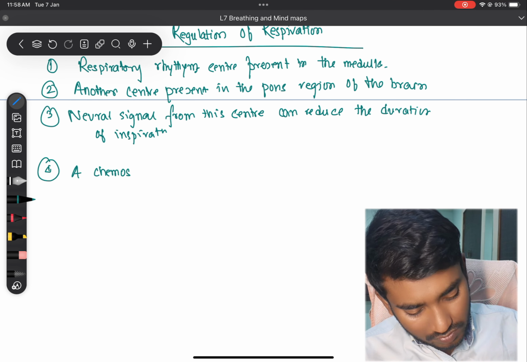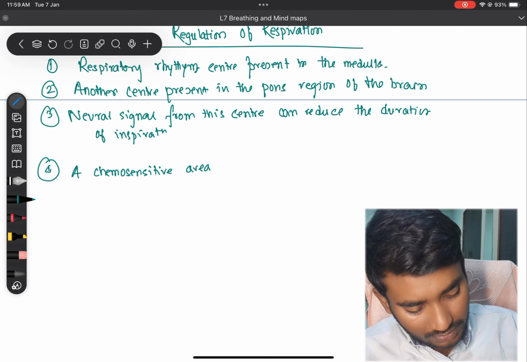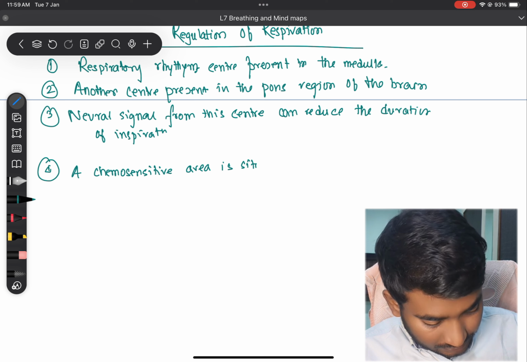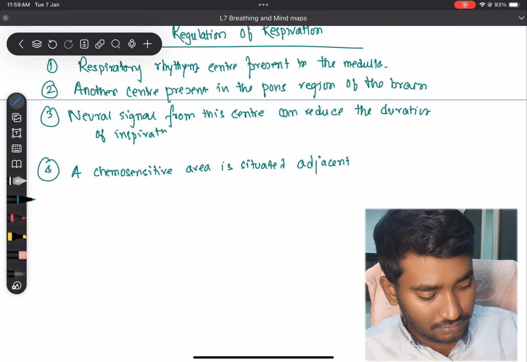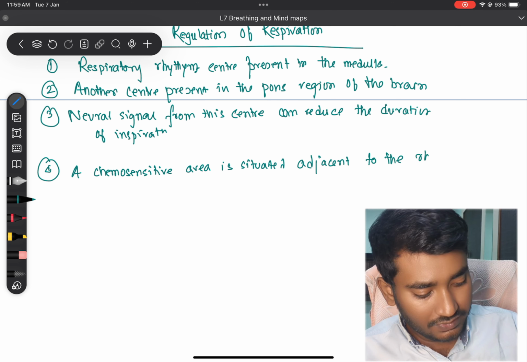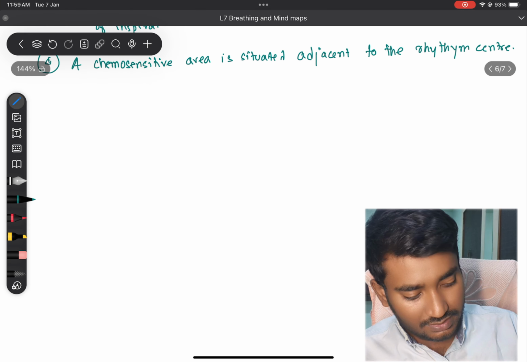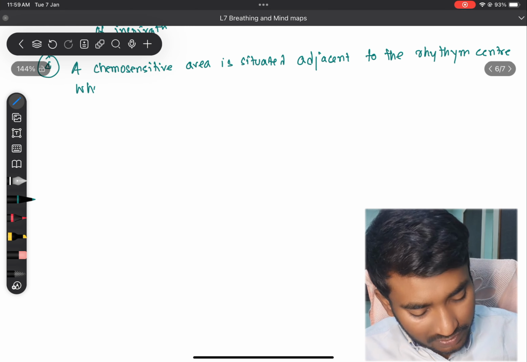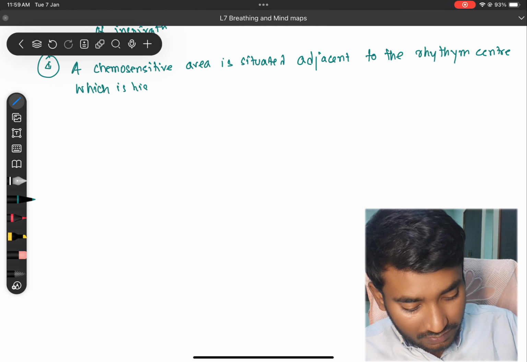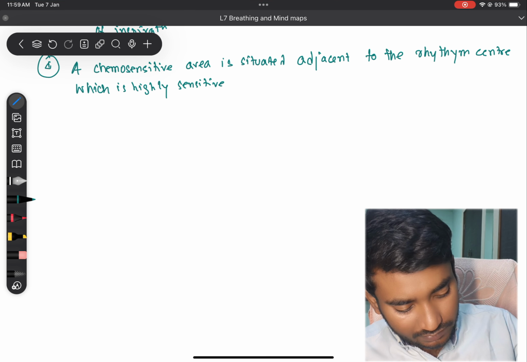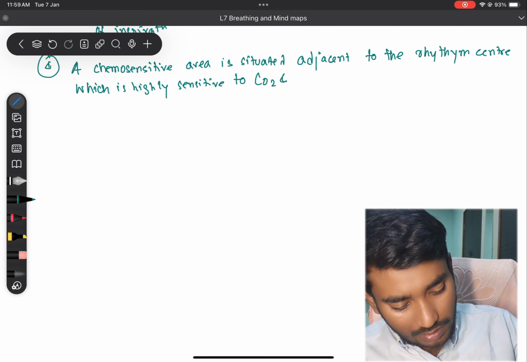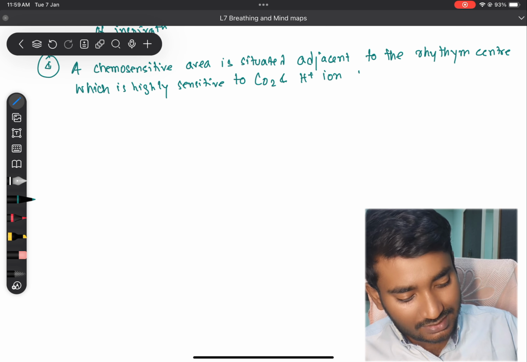A chemosensitive area is situated adjacent to the rhythm center, which is highly sensitive to carbon dioxide and H plus ion concentration.